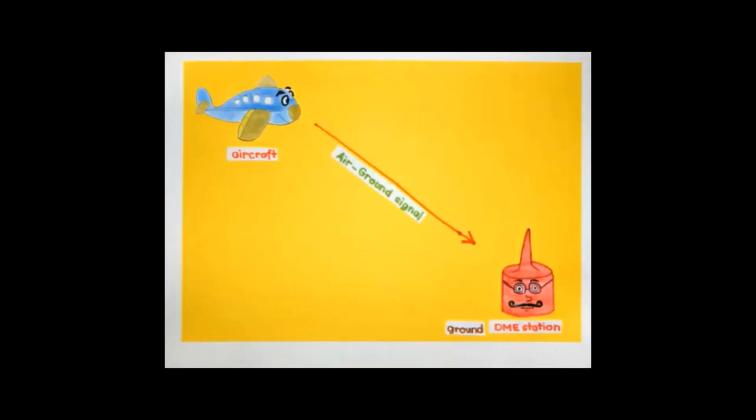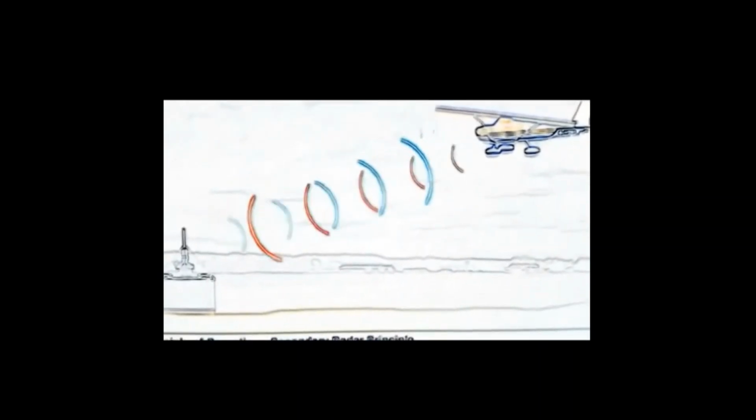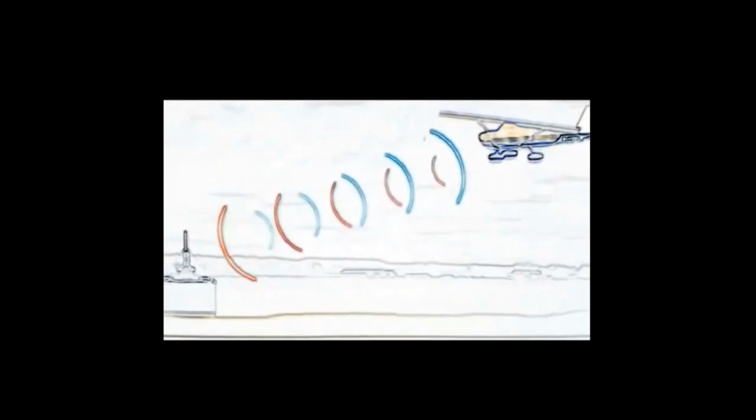This is the air-to-ground signal, while this is the ground-to-air signal. An aircraft sends an interrogating pulse, and the ground station transponder responds by retransmitting a strong answering signal to be received by the aircraft. The DME equipment on board the aircraft converts the signal from the DME beacon into a digital readout of distance in nautical miles.